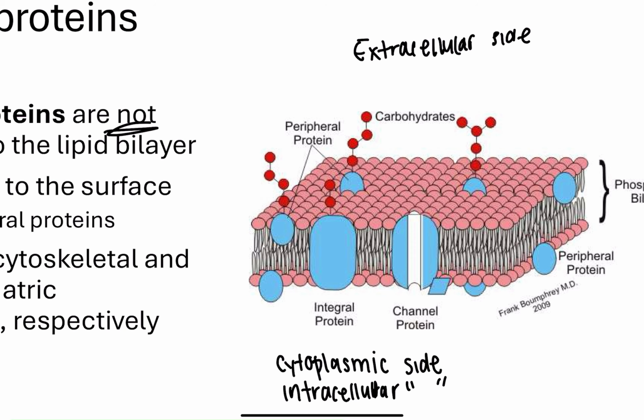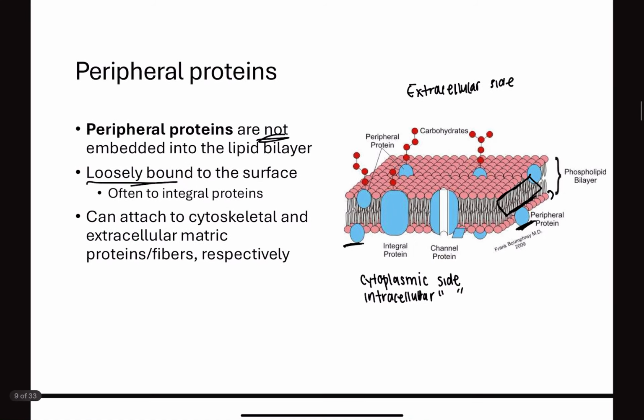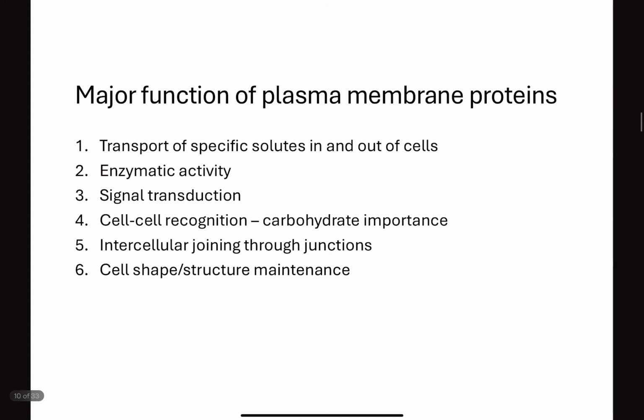So this is an example of our peripheral protein. It spans only to the hydrophilic region. It does not actually permeate into this hydrophobic region, which is what we're seeing in both of these. So our plasma membrane has 6 main functions, and it includes the transport of specific solutes in and out of our cells.